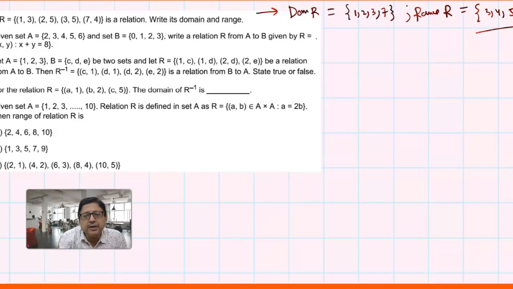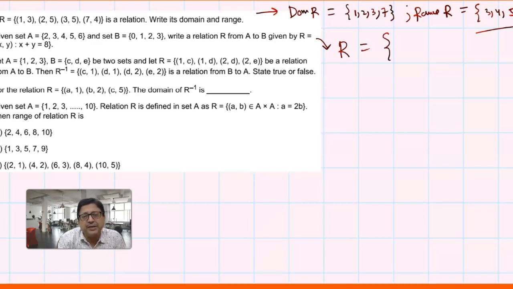How to write this kind of relation? A is given this way, B is given this way, relation from A to B. So how to find it? The elements are related in such a manner that their sum is equal to 8. Will you get any element where the sum is equal to 8? 6 plus 2 equal to 8. 5 plus 3 equal to 8. So x, y will be accordingly, so that the sum of the two elements will be equal to 8.